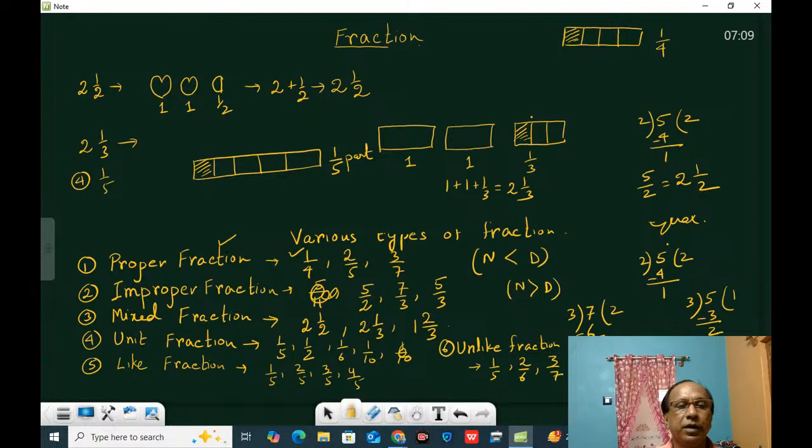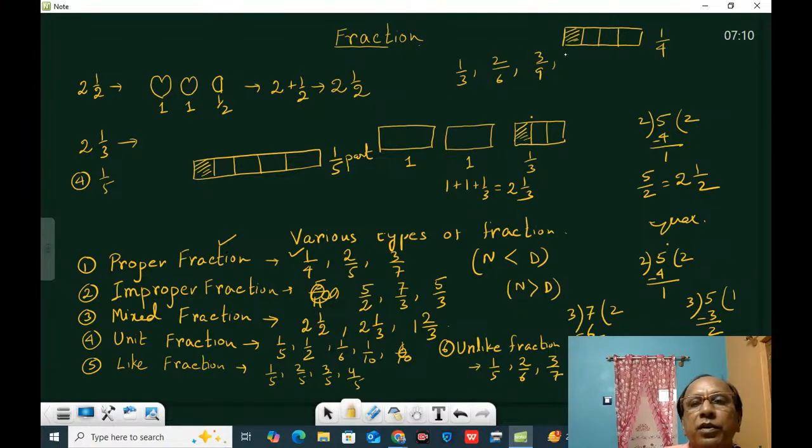These are the different types. Like fractions means all the denominators are the same. Unlike fractions means all the denominators are different. And equivalent fractions, I told you, are those fractions which, if you simplify, you will get the same number. Suppose 1 by 3. If you multiply both numerator and denominator by the same number, suppose you multiply by 2, 2 1s are 2, 2 3s are 6. Multiply by 3, 3 1s are 3, 3 3s are 9, right?